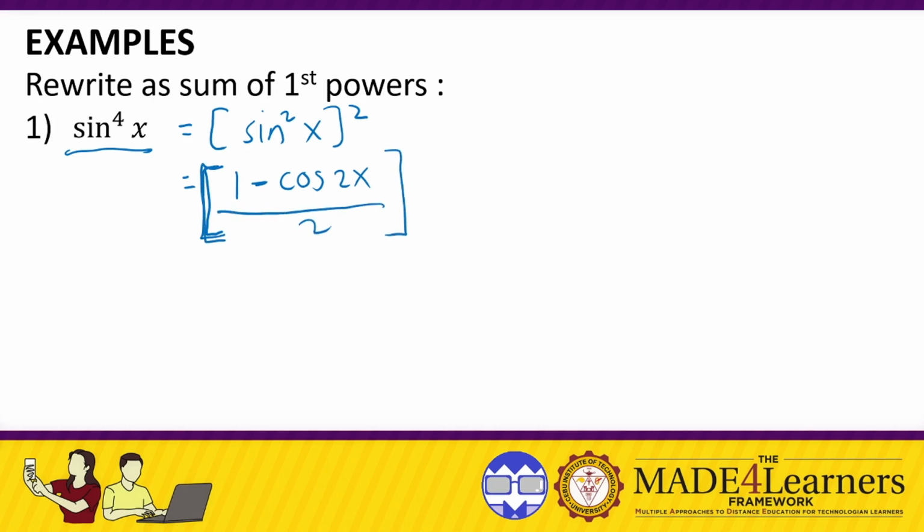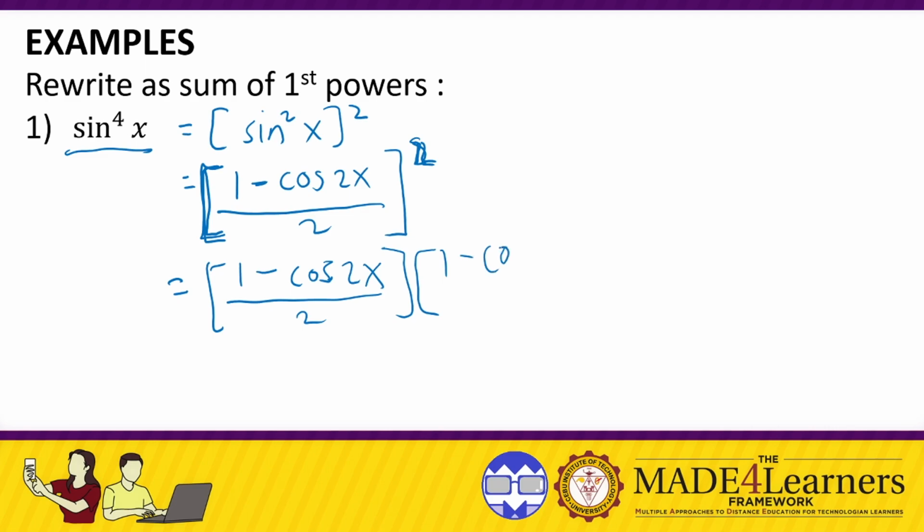This is still squared. So if it's squared, we're going to multiply it by itself: 1 minus cos 2x over 2 times 1 minus cos 2x over 2.